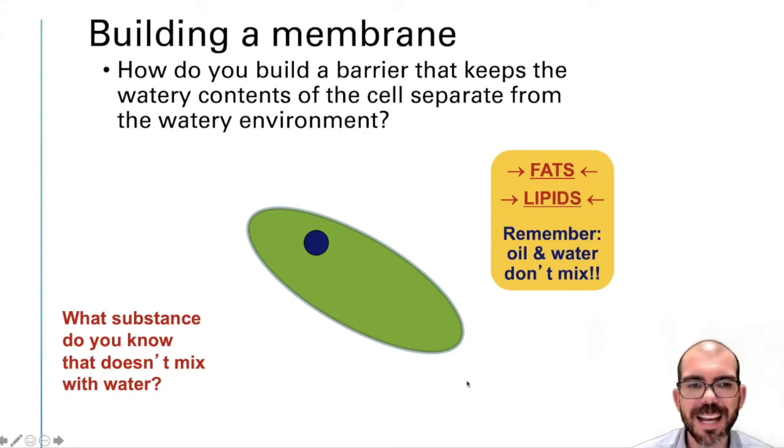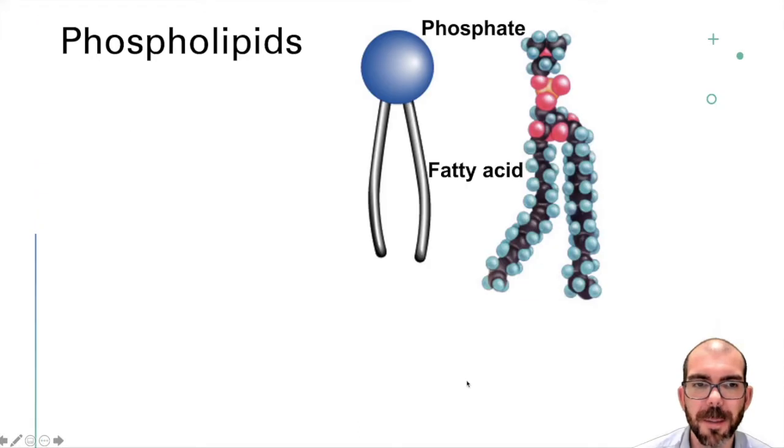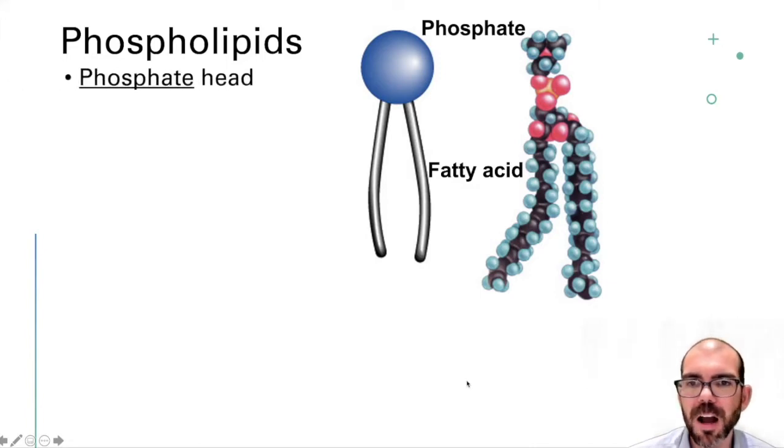Because of this natural phenomenon of nonpolar lipids, lipids are going to be the molecule that forms the foundation of the cell membrane. It's going to be a specific kind of lipid called a phospholipid, and you can see two different diagrams of them here. You can see the simplistic one on the left and the more accurate one on the right. A phospholipid is made up of two primary parts.